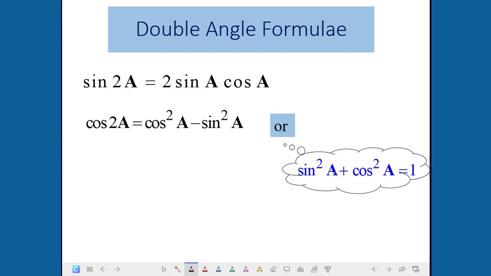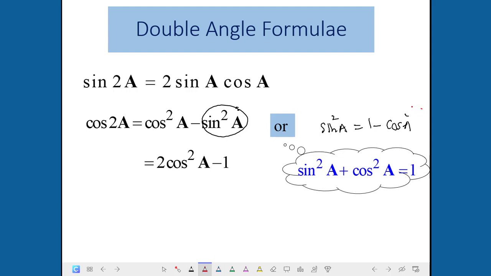Okay, using the identity, substitute: sin squared A is equal to 1 minus cos squared A. Then substituting, you get cos squared A minus 1 minus cos squared A, so plus, you get 2 cos squared A minus 1.